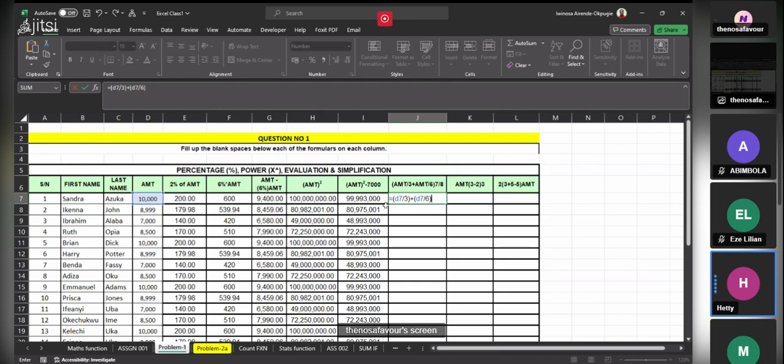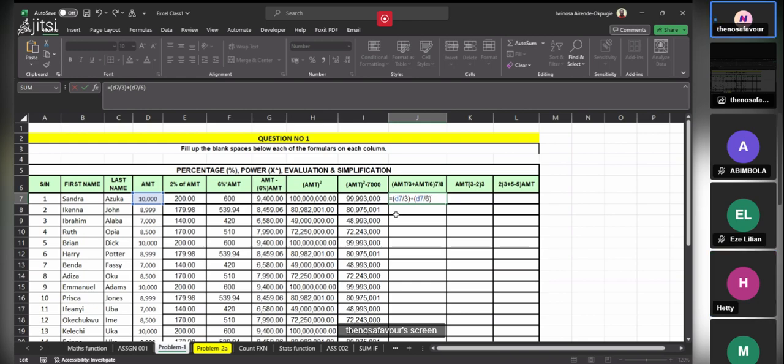Let's close the 6, open another one from equal to.